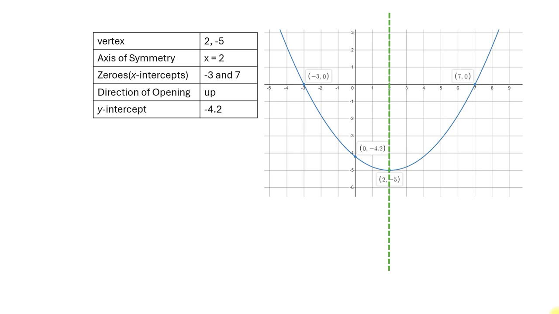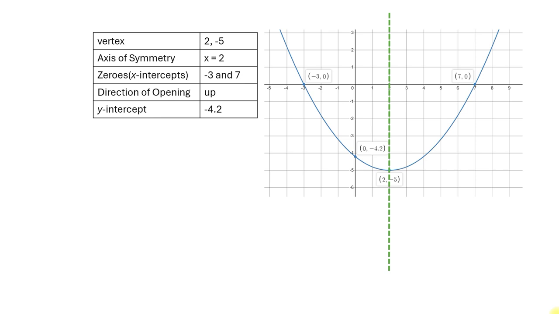In this question, we're given a graph and asked to find various features of this graph. So the vertex is 2, -5, right at the bottom. The axis of symmetry is a vertical line that always runs through the vertex. Its equation is x equals 2.